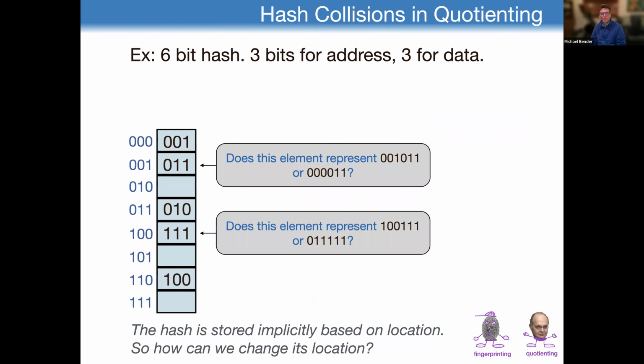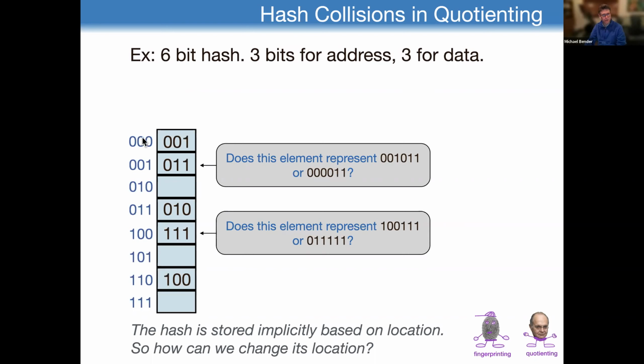And the problem is shown in the slide when we have hash collisions. In this example, we've got a 6-bit hash, and the hash table has 8 positions. So that means we've got 3 bits for the address in the hash table and 3 bits for data.